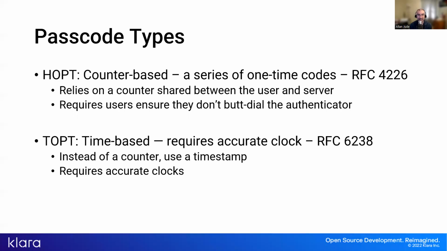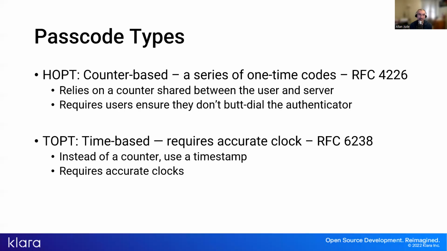So this relies on that counter being shared between the user and the server, but it requires that you don't get those out of sync, such as the user butt dialing the authenticator and continuing to get it out of whack. And there are fallback mechanisms you can configure for that, like if your counters do get out of whack, you can configure the app to require 3 sequential one-time codes to prove that you have the device and not that you've just stolen it.